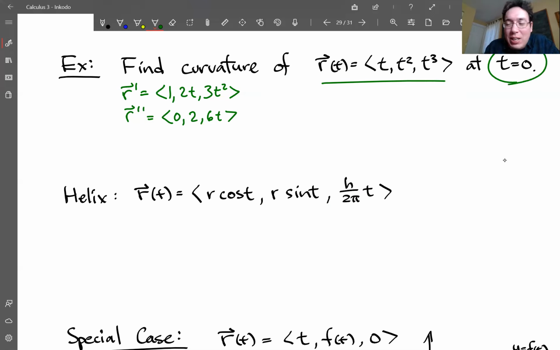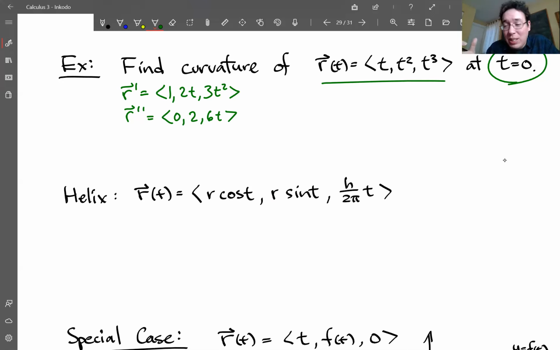If you only want to find the curvature at a particular time, what we could do is just plug in this t value before we do the rest of the cross product and everything else. But we have to be careful here. I can't plug in 0 before I take the derivative, because if I plug in the value, I lose the information about the variable changing and so on.